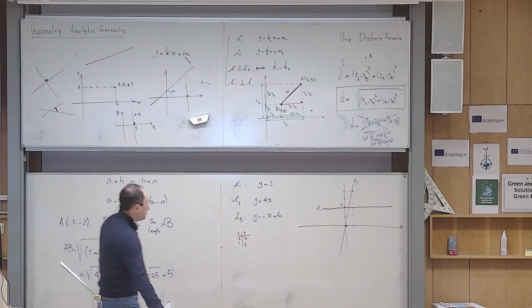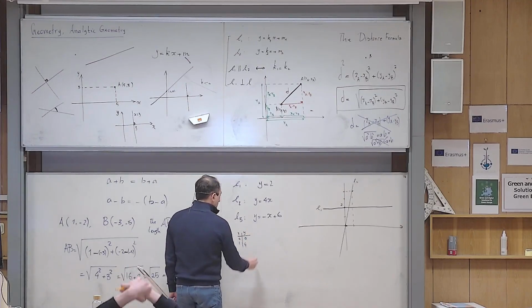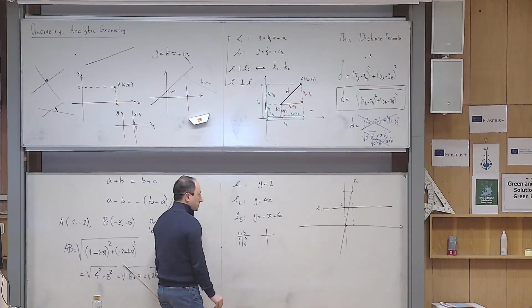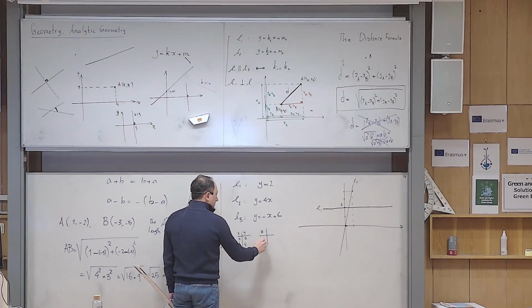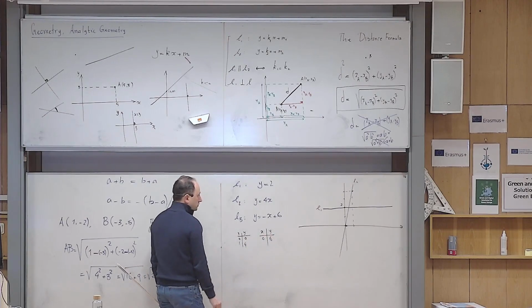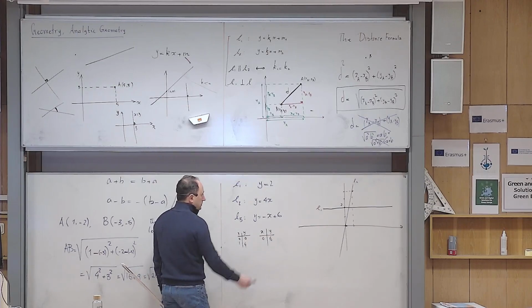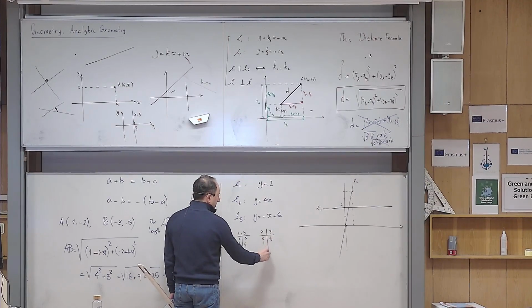Okay, if I want to know L3, what should I do? Again, I set up another table. For example, if I put x equals 0, y becomes 6. I don't know which one you want to choose. For example, let me put 1 instead of x, then it becomes 5.